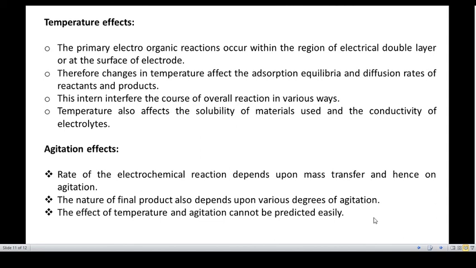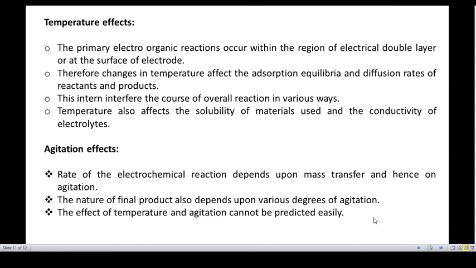Temperature obviously affects the reaction because it may influence adsorption or diffusion, enhancing or decreasing the diffusion rates or adsorption rates. So you have to choose a particular temperature range. Temperature affects the solubility of materials and it may affect the conductivity of electrolytes also. So temperature effects are important in electrosynthetic reactions.